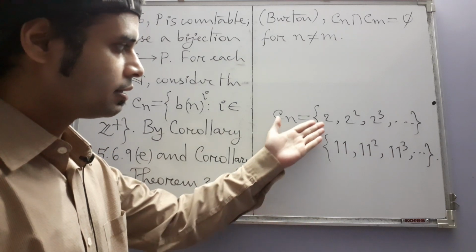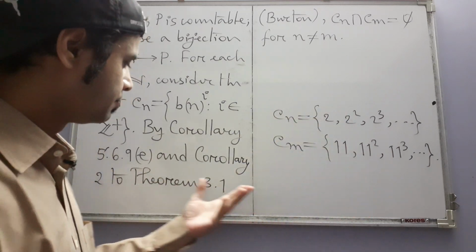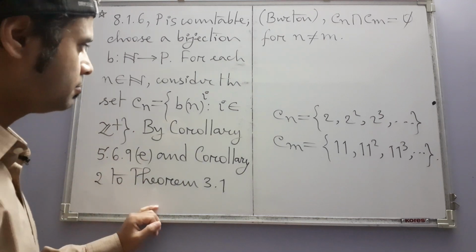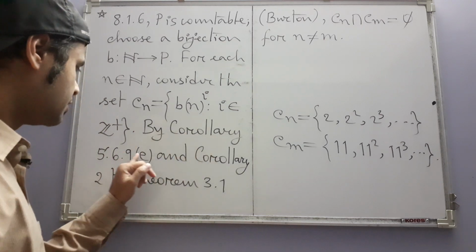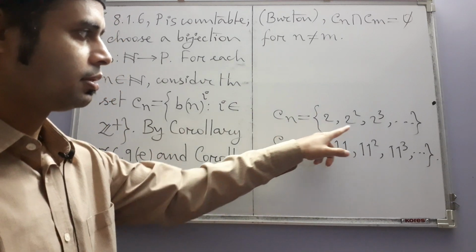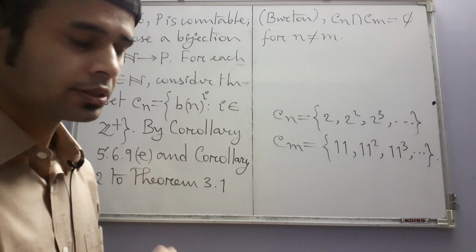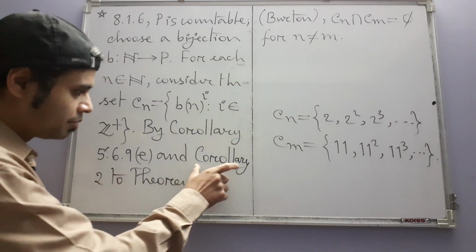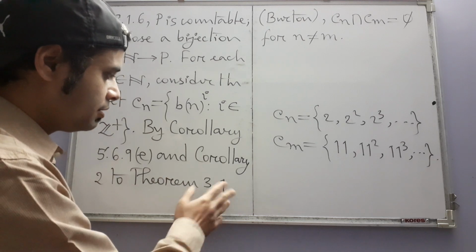And the fact that they are not the same is justified by these things. This corollary, which gives us the rules of exponent, makes sure that the powers stay distinct. And this one, I don't exactly remember what it says, but you need not worry.